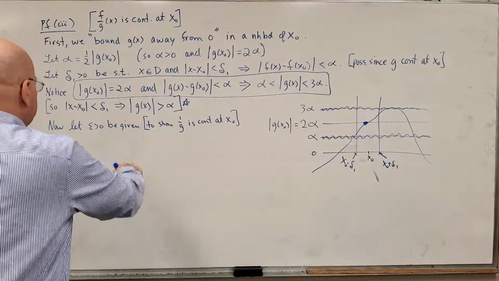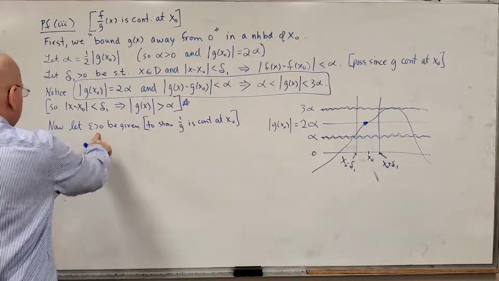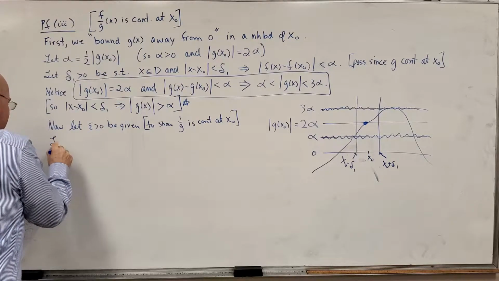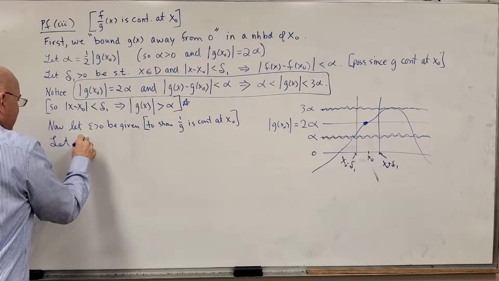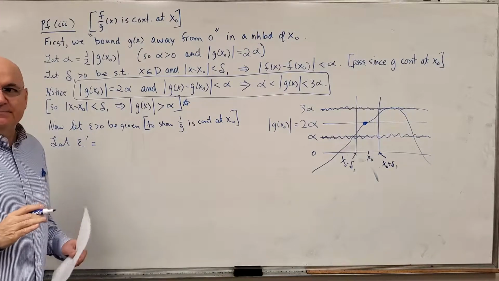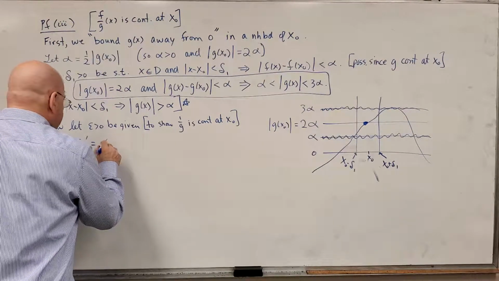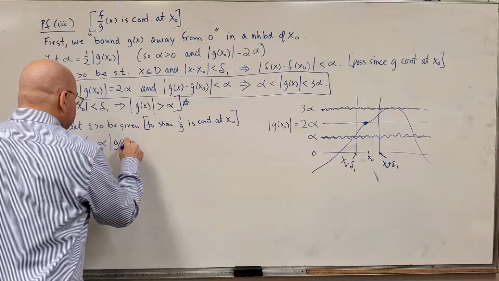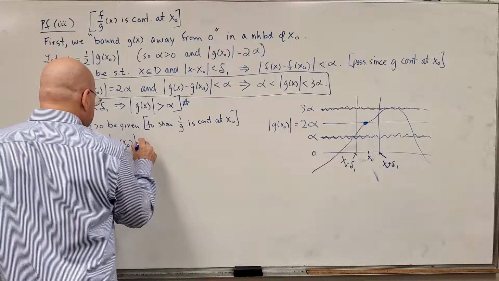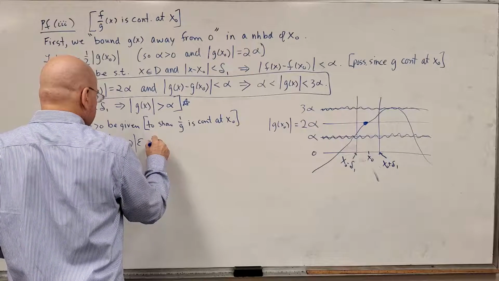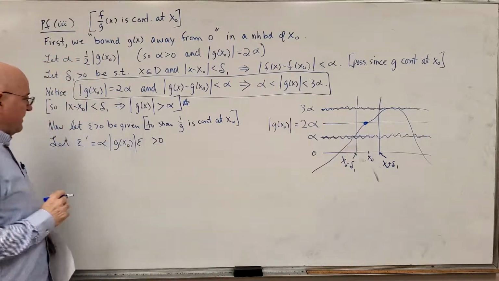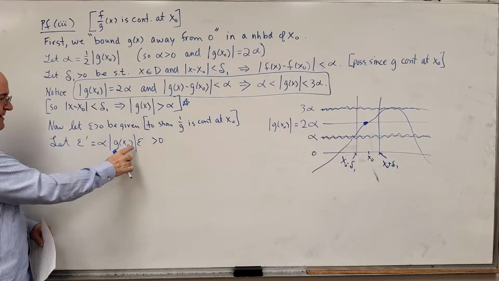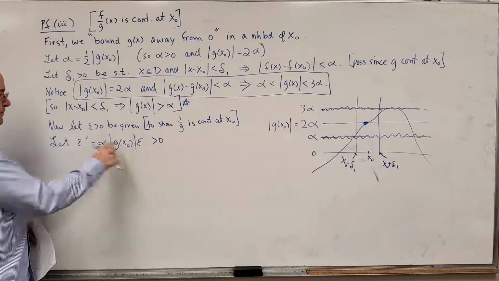Okay, since we're showing continuity, we've got our epsilon greater than 0. Now I'm going to let epsilon prime be something kind of funky. It's going to be alpha times the absolute value of g of x naught times epsilon, which is obviously greater than 0 because we're multiplying three positive numbers together.